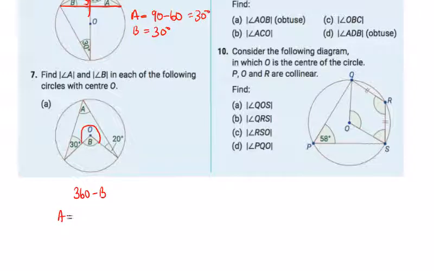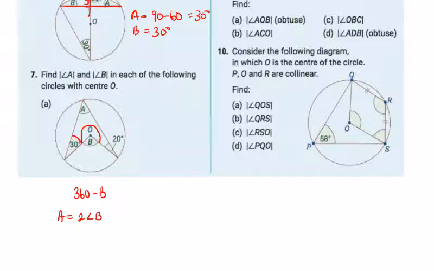A is equal to B over 2. We get A in terms of B. That would get me down to one unknown, wouldn't it?